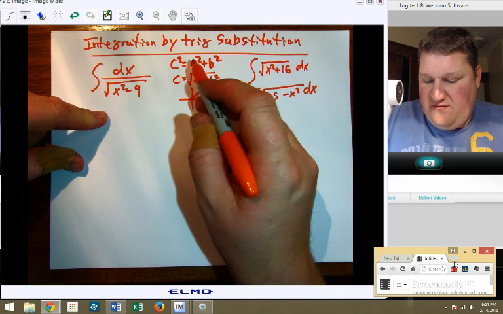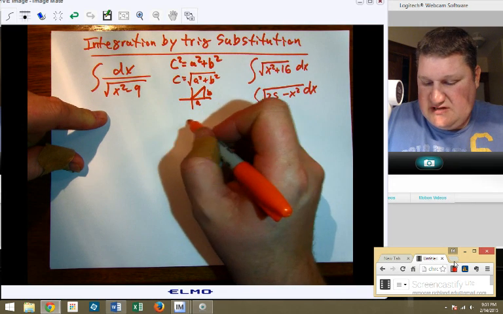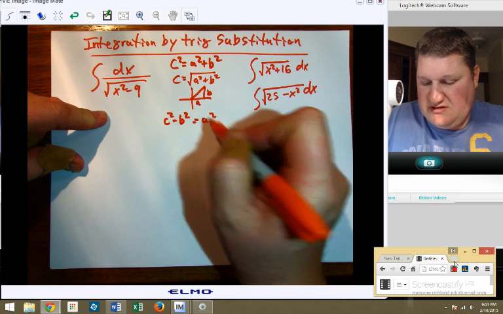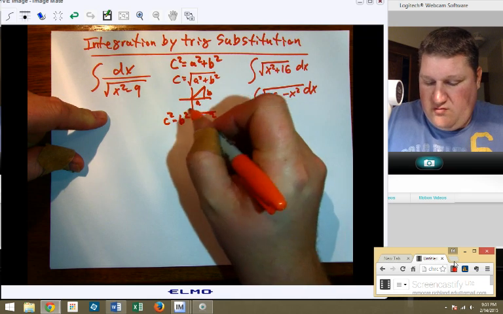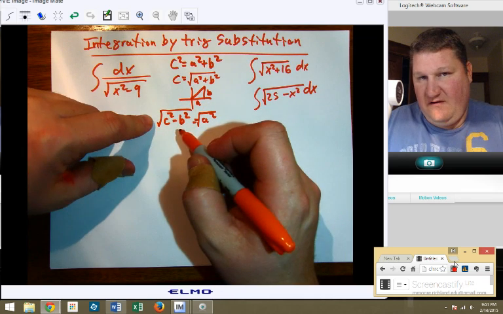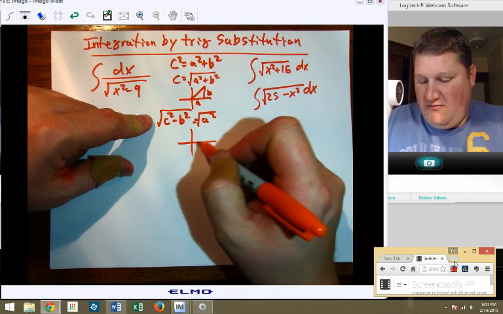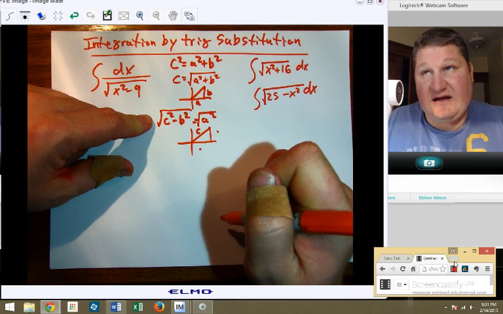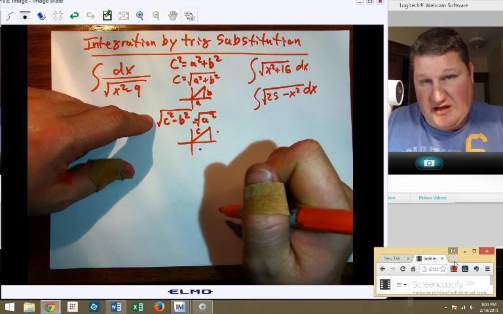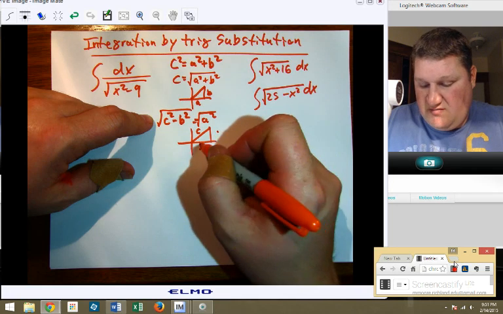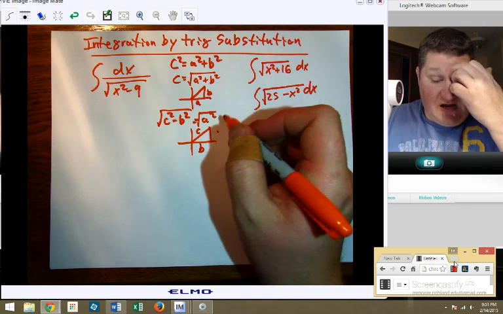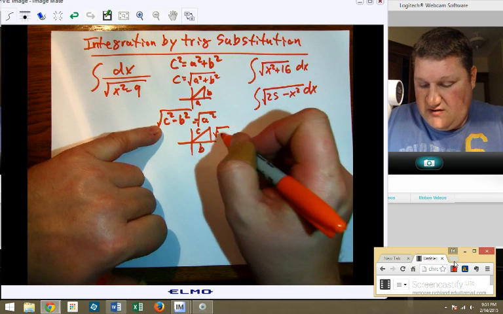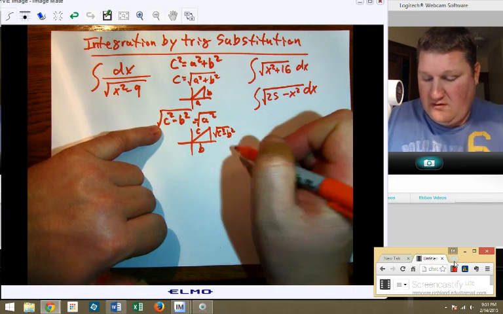If I were to rearrange this and say a squared equals c squared minus b squared, square root both sides of that, now I know the hypotenuse and I know one of the legs. Now I don't know necessarily which leg I have, so I can determine the leg that I wish, and that would allow me to find the missing leg, which would be, in this case, the square root of c squared minus b squared.